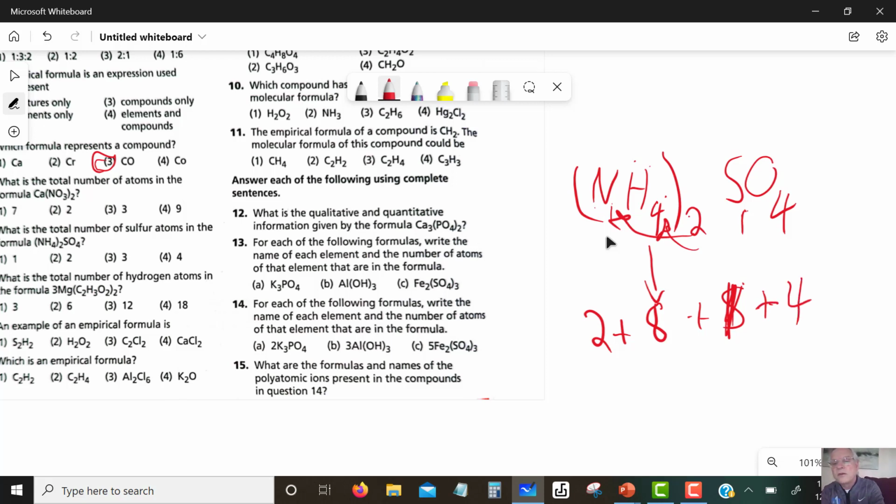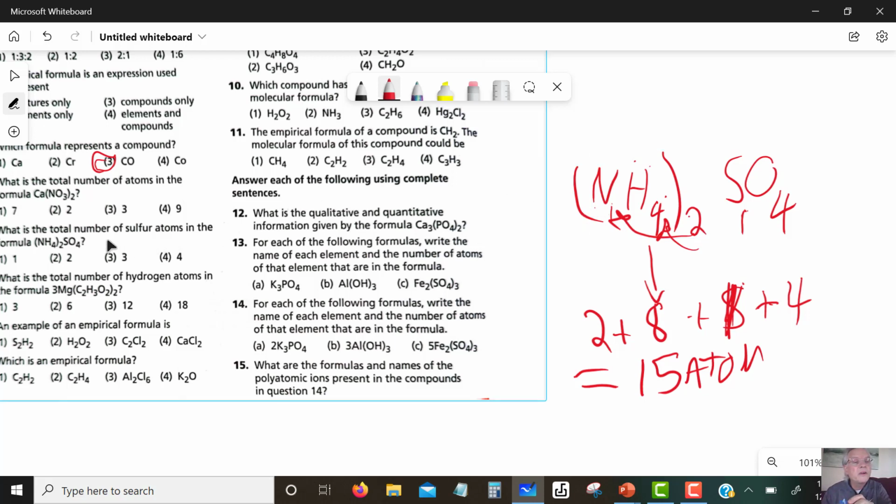So 2 and 8 is 10, and 1 is 11, and 4 more. There are 15 atoms present in that. Okay? So, and actually, they're only saying what is the number of sulfur atoms present, and all you have to do is answer is 1. But that's if you had to figure out the whole thing.